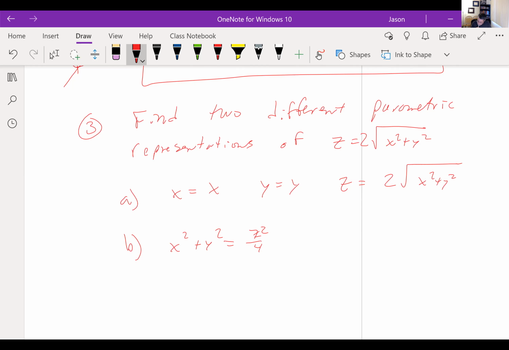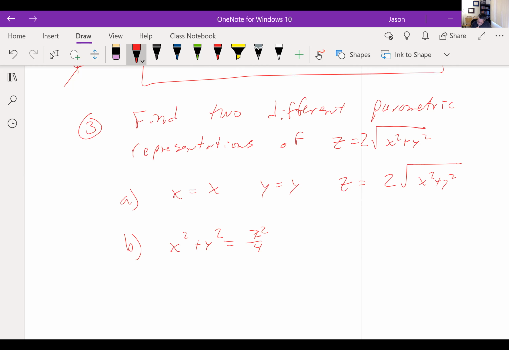Maybe it's like a globe or a cylinder, however you want to think about it. We want to parametrize this surface, and then we also want to talk about the area of the surface.